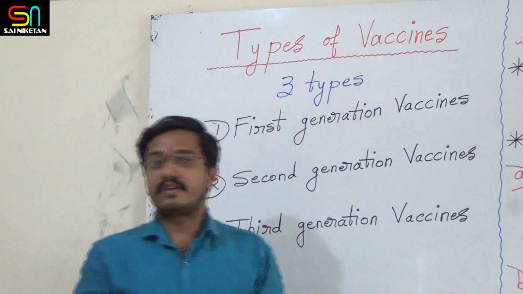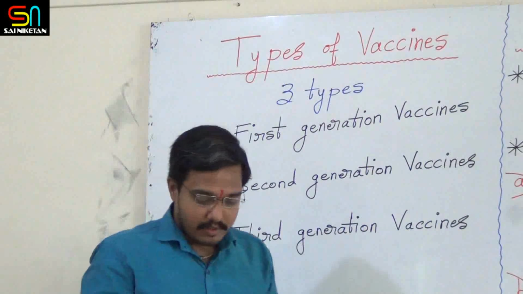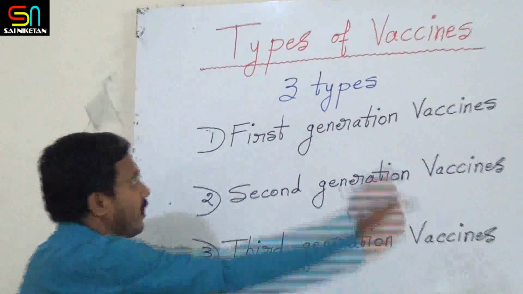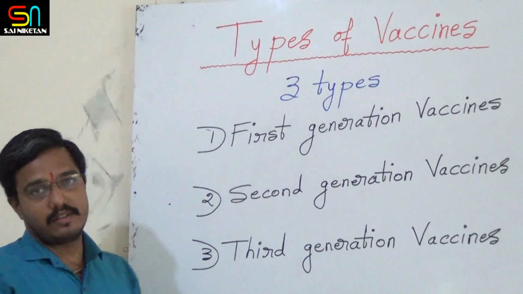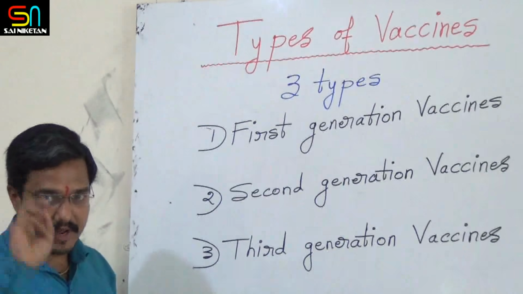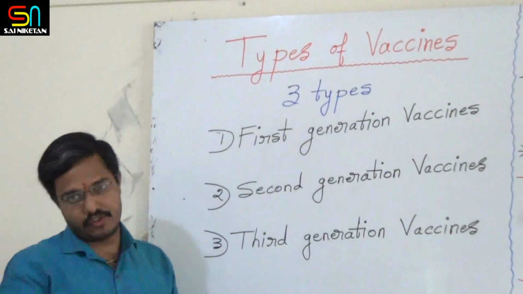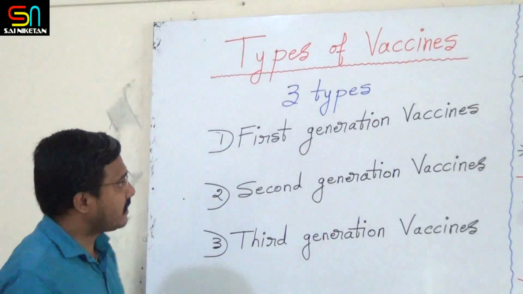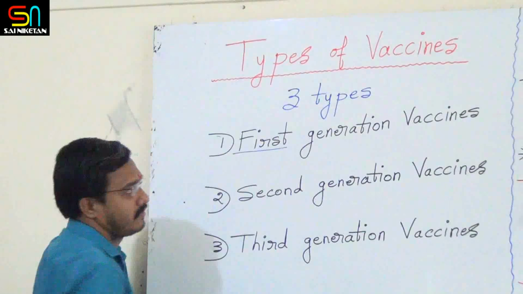Today let us discuss types of vaccines. If you come to the types of vaccines, there are three types, based on upgradations. The first type is called first generation vaccine.